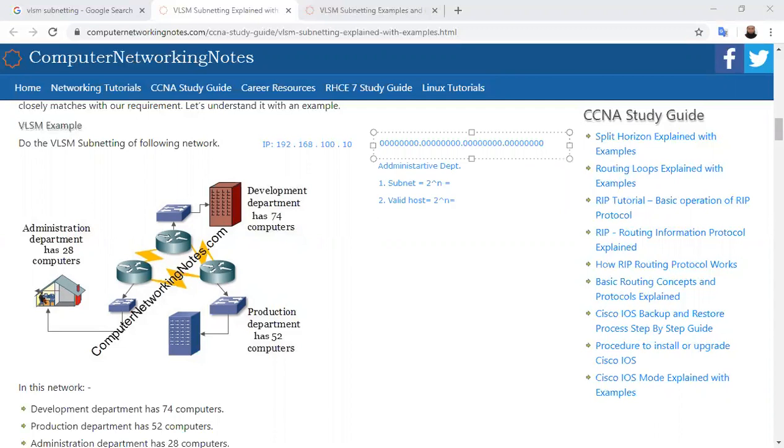This is a C class IP, so by default it has a 24 bit network part, the first 3 octets, and the 4th octet is only the host part. So how many zeros do we need for the host?